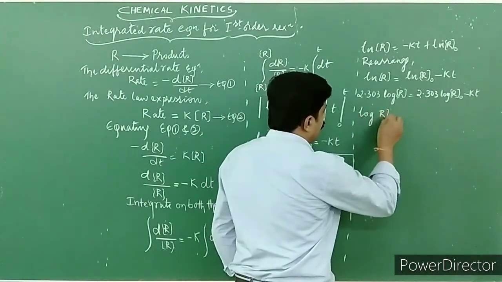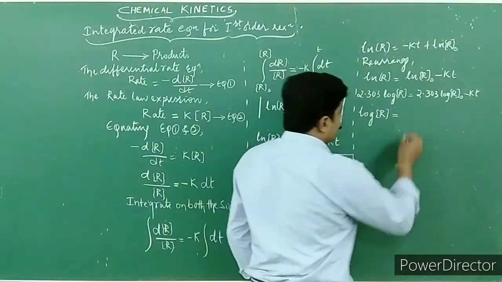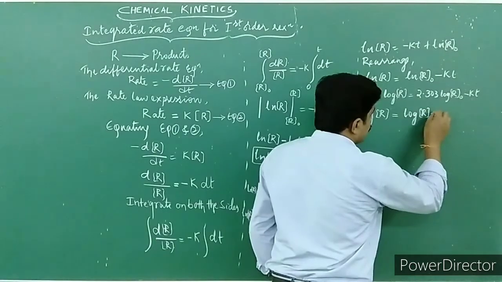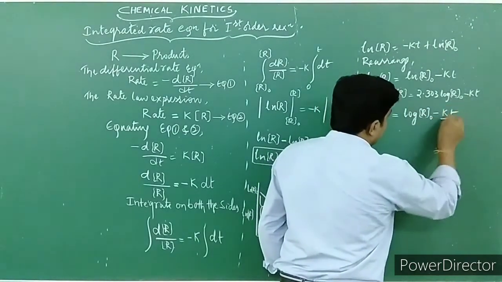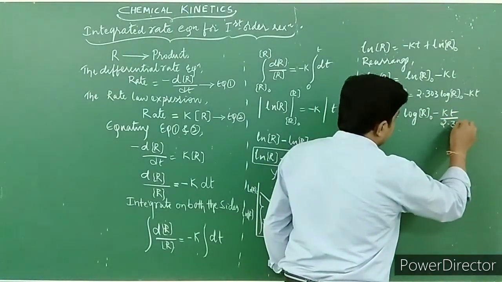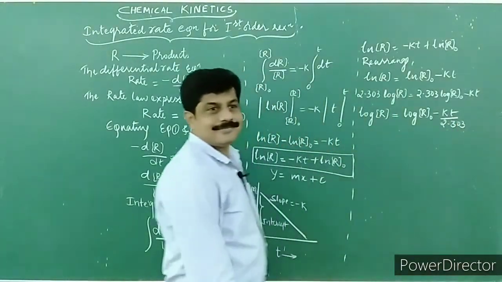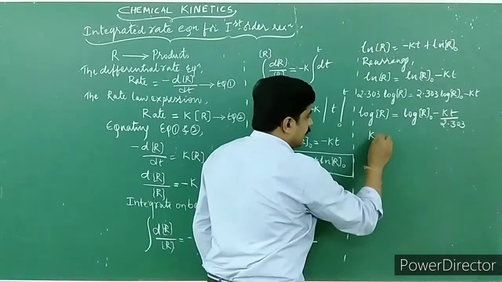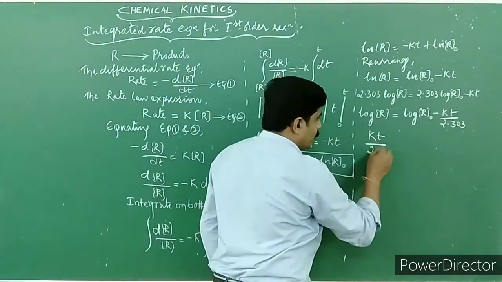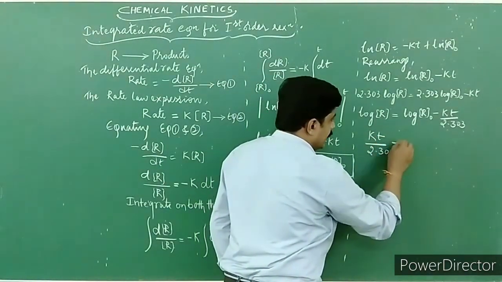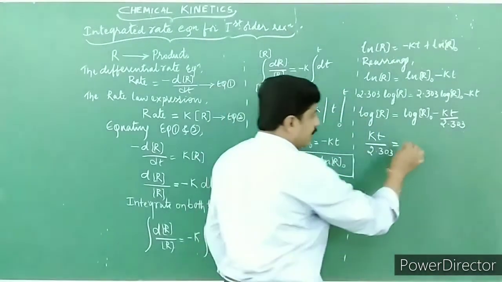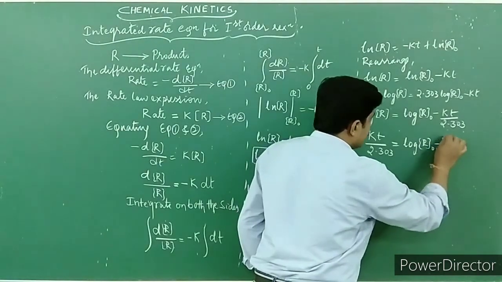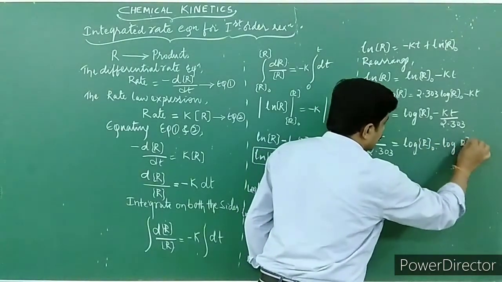Log R is equal to log R naught minus kt upon 2.303. Is it not? Now again I'll reshuffle. I'll bring this side kt upon 2.303, that is equal to, children, you should be careful here, log R naught minus log R.